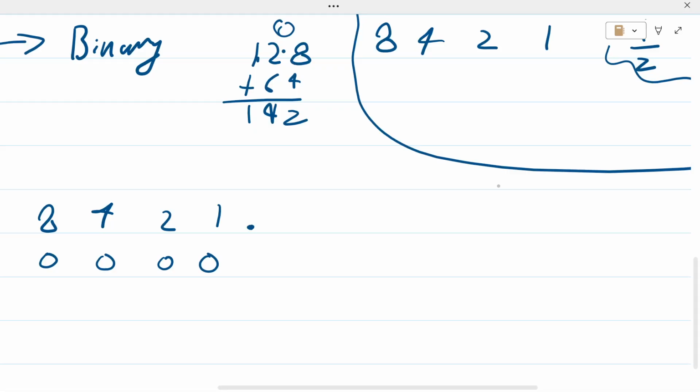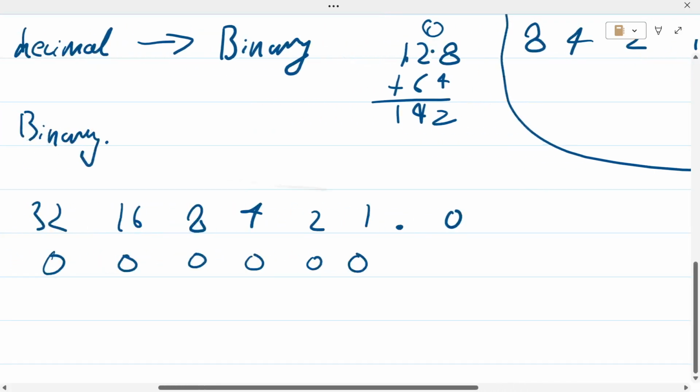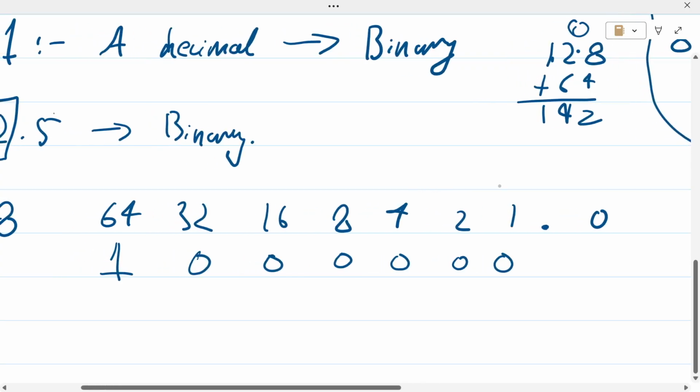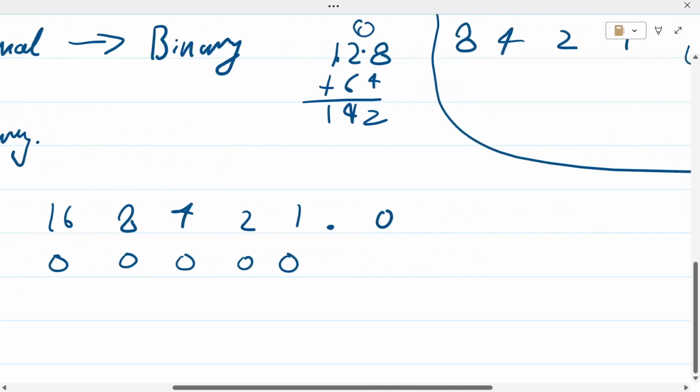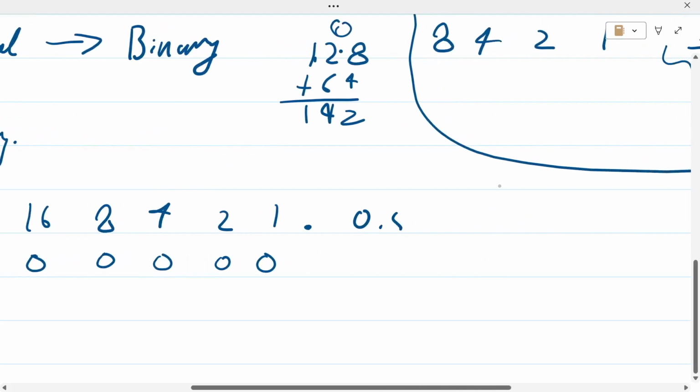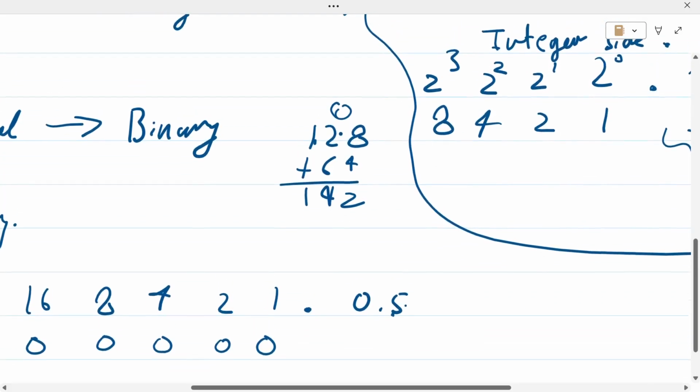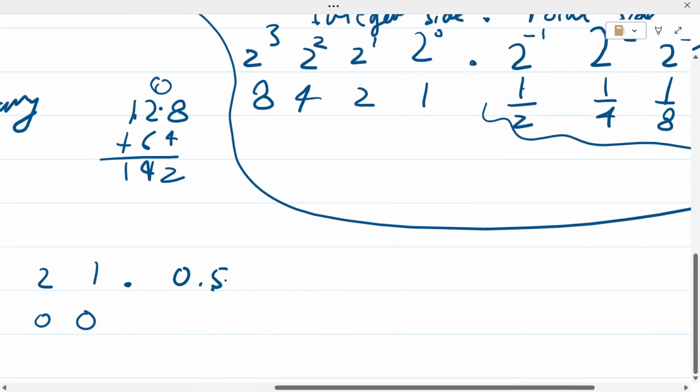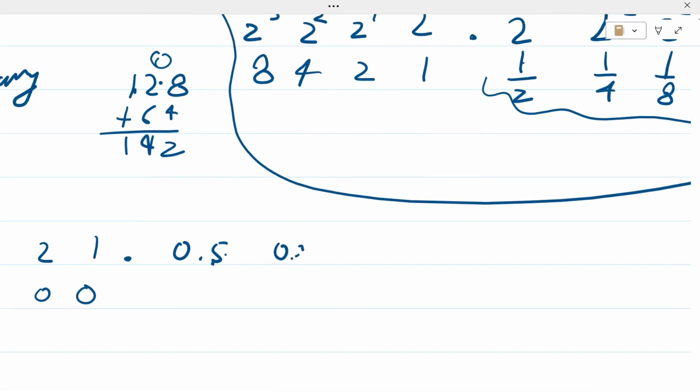Now, over here, I would recommend you to memorize these values, because that's how I did it in my exams. Just like you have memorized the values 1, 2, 4, 8, you should memorize these values as well. The first value is 0.5, because that was 1 over 2. And then the next value is 0.25.